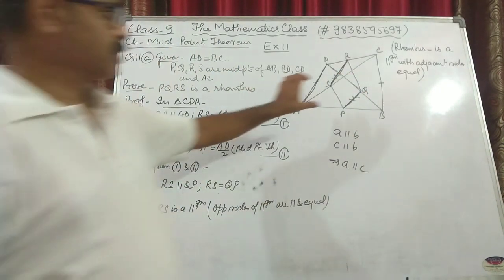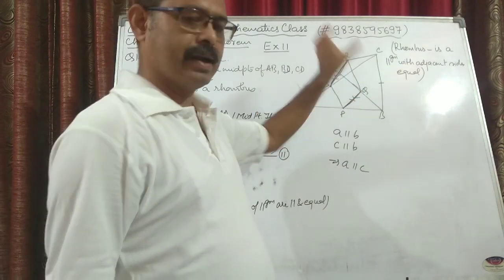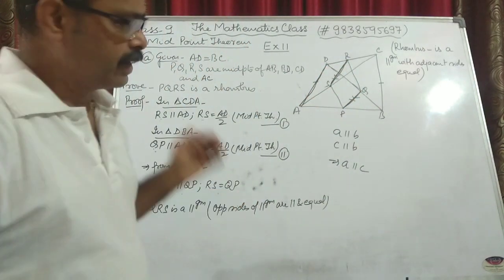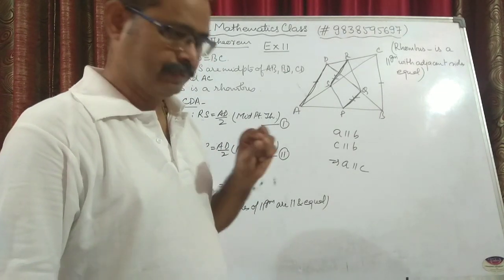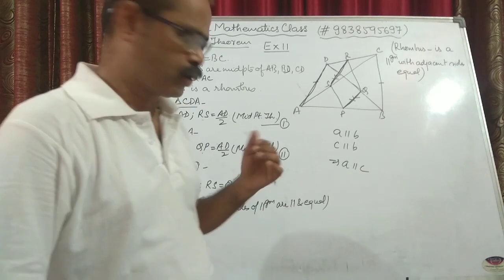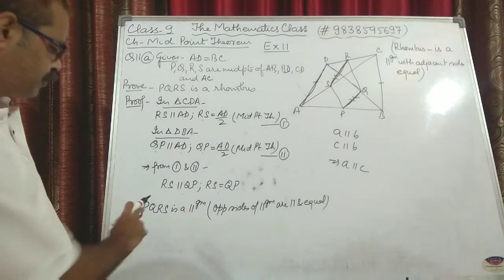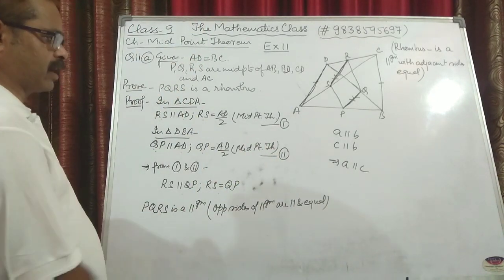In a quadrilateral, if a pair of opposite sides is parallel and equal, then that quadrilateral is said to be a parallelogram. So we have proved that PQRS is a parallelogram.